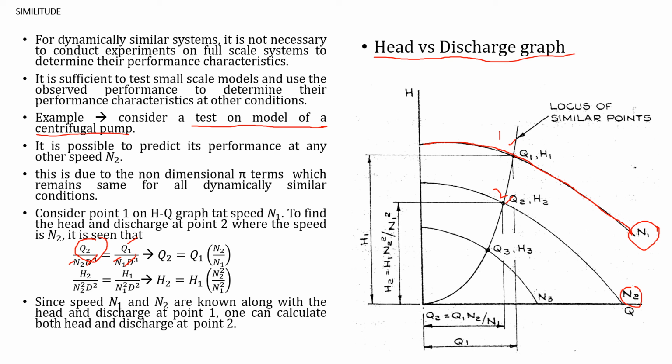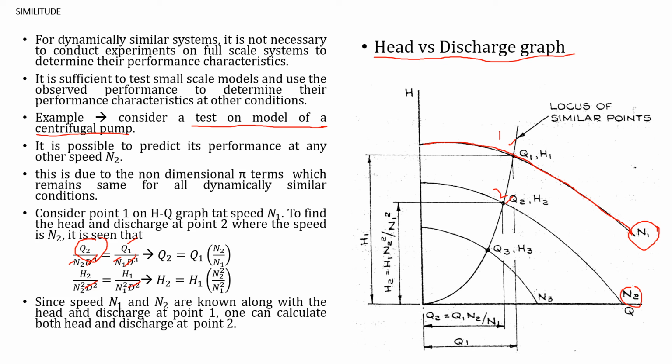Similarly, let us consider the head coefficient, H by N square D square. Considering points 1 and 2, I get H2 by N2 square D2 square equal to H1 by N1 square D1 square. Since I am using the same centrifugal pump, the diameter will not come into the picture. So what remains is H2 by N2 square equal to H1 by N1 square.